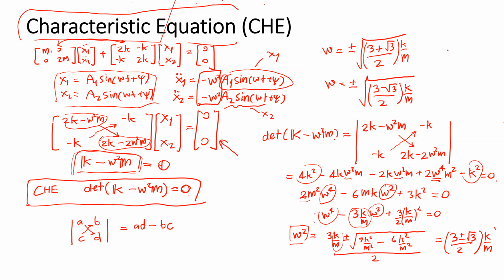But luckily, by the physical meaning, the omega can only be the positive value. So finally, we will have just one omega for each equation. So totally we have 2 omega.